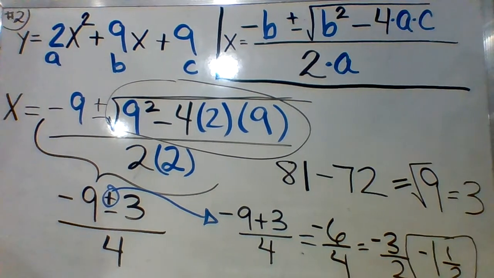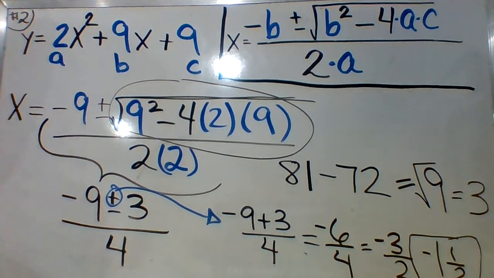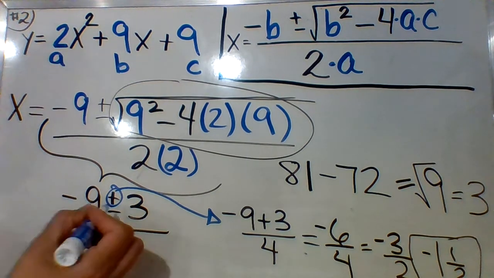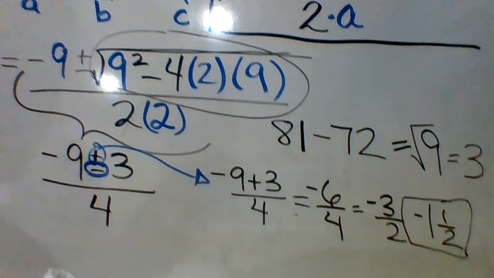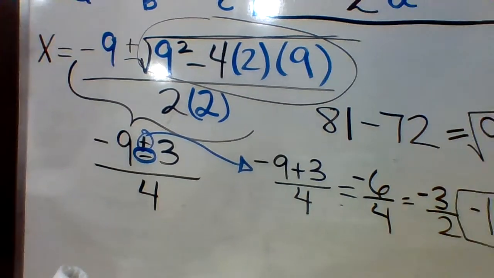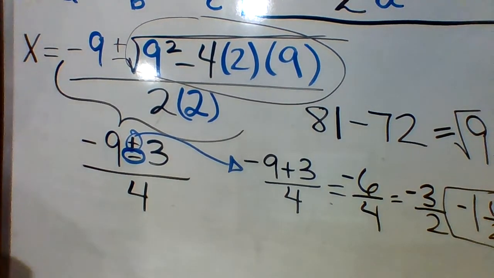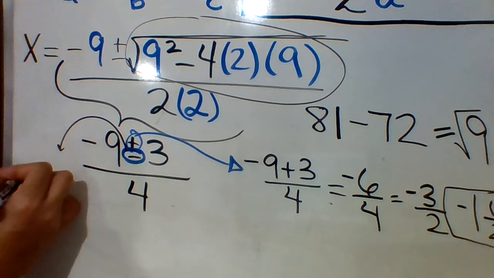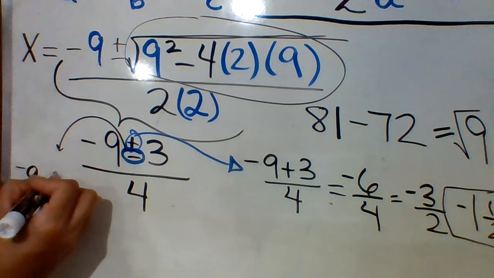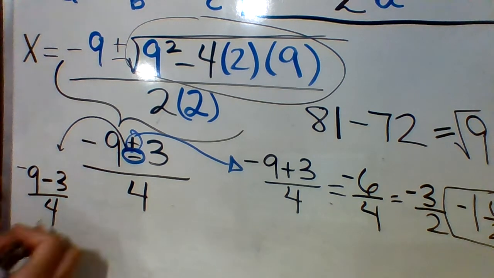Okay. If we look on the other side, we're now going to go the negative route. I'm going to go ahead and move down here so we can see it. We're going to go negative 9 minus 3 over 4.